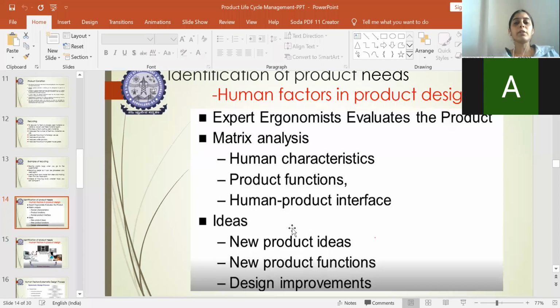We have different stages in the product design where the intervention of the human being is very much needed. And one thing we have to consider here is any product we design should be ergonomically designed. If it is ergonomically designed, then only it will be comfortable for the human beings to use.